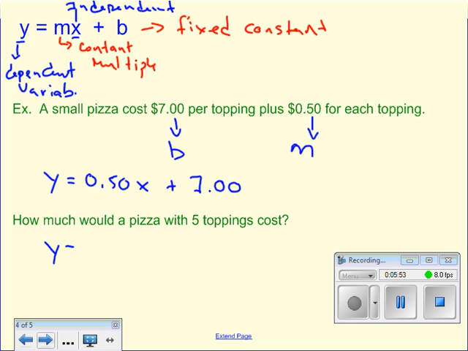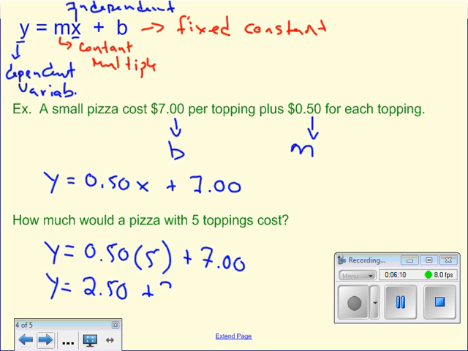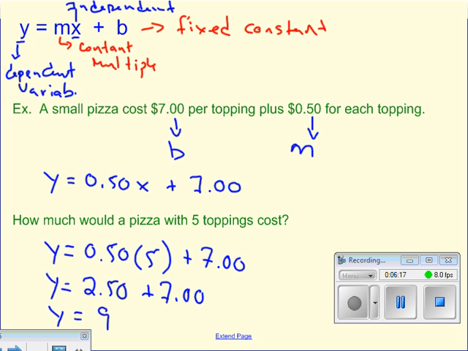So y is equal to 0.5 times 5 toppings plus $7. 0.5 times 5, y equals $2.50 plus $7, and I get a grand total of y equals $9.50. So my pizza will cost me $9.50 if I put 5 toppings on it.